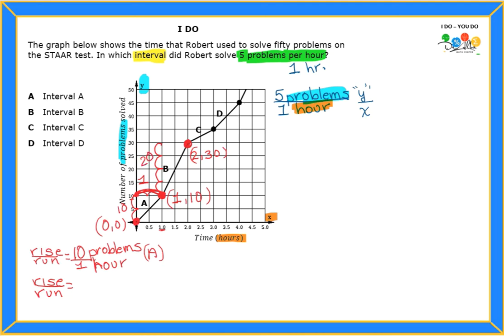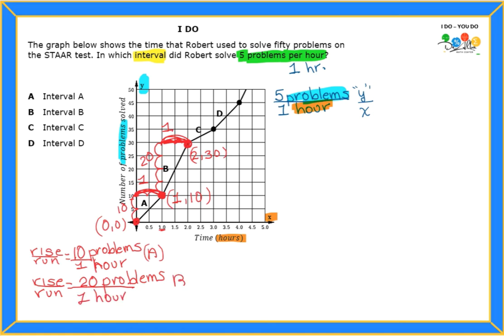So in the next interval, he actually did 20 problems in how many hours? Well, from here to here is 0.5, and another 0.5 makes how much? This is another 1 hour, okay?